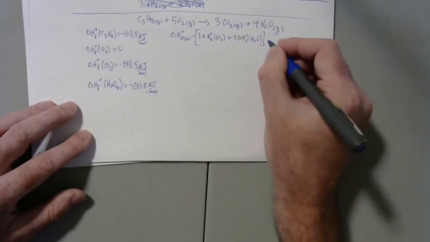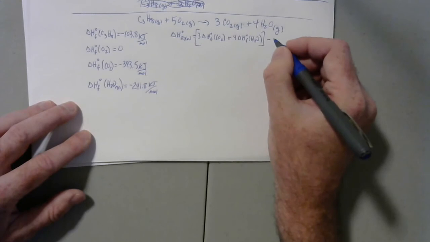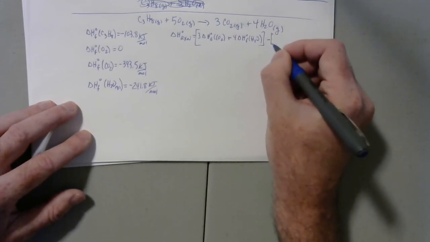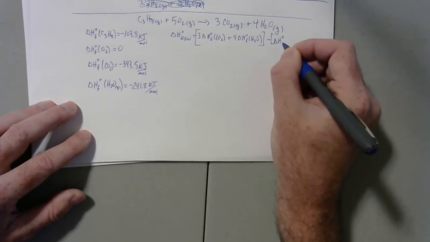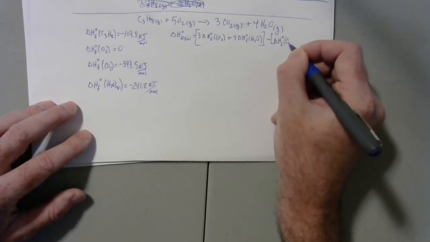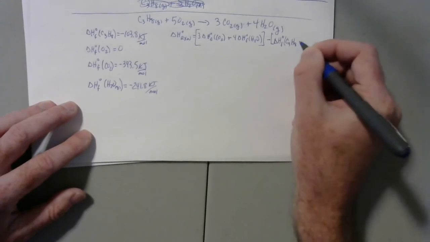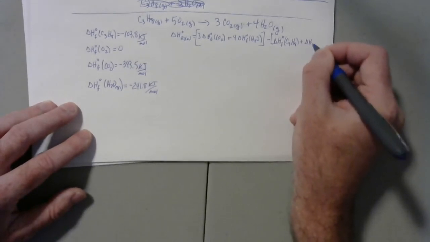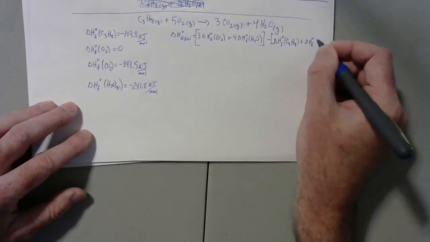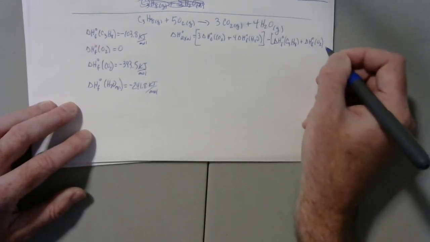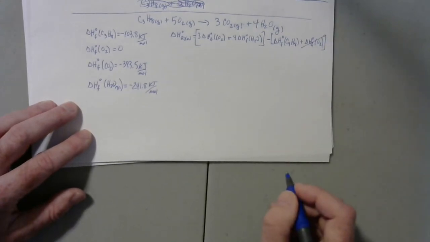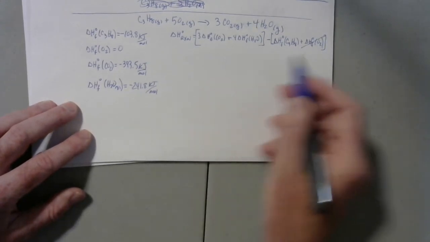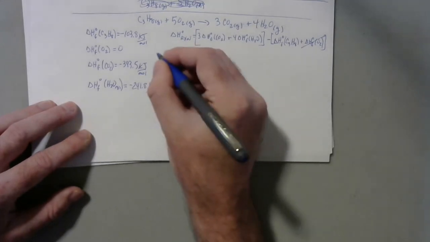We're going to go minus your reactant side, minus delta H standard formation for the C3H8. And if you want to, for the sake of completeness, you can put the heat of standard formation of the O2. But since that's 0, it just kind of goes away. And we need to plug in values for the other 3.